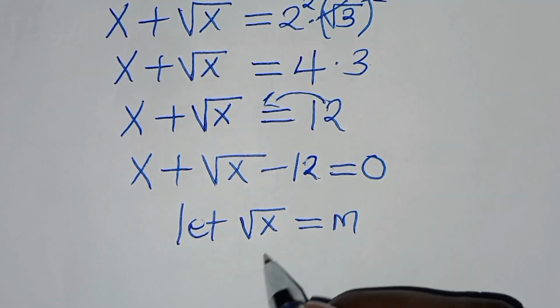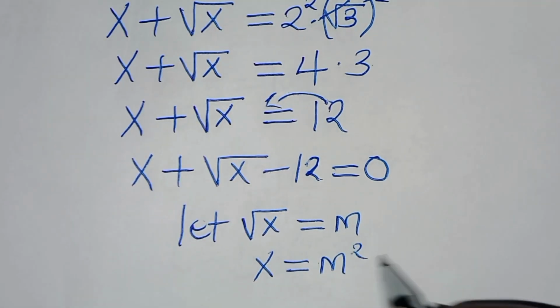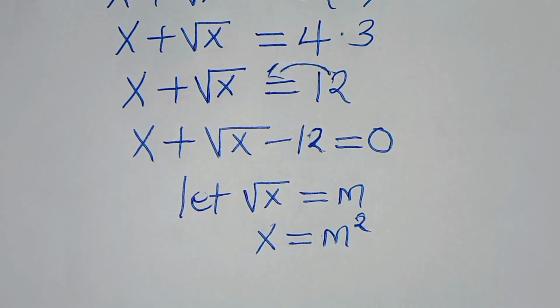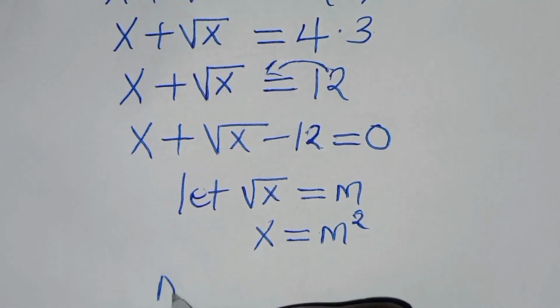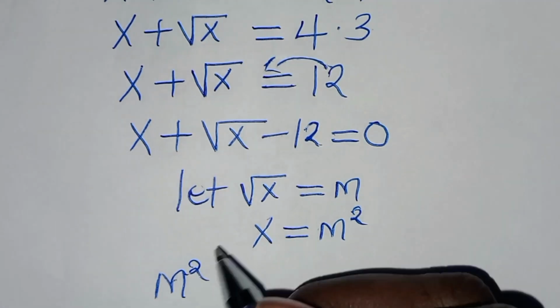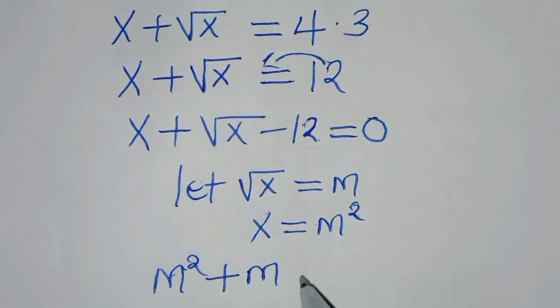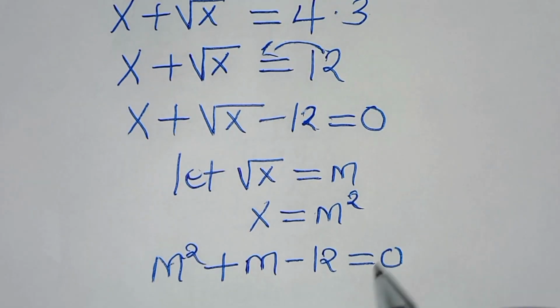So this implies that x is the same thing as m squared. Substituting this back into the equation, we have m squared plus square root of x, which is m, minus 12, equal to 0.